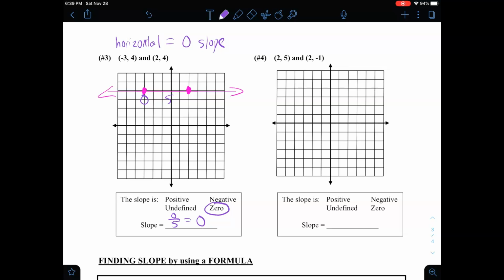This is a big struggle every year for a lot of students, and I really can't explain it. It's just kind of an automatic thing. You got to know when you see a horizontal line, it's 0 slope, and it's y equals a number, like y equals 4 is the equation of this line, okay? I'll just leave that there.